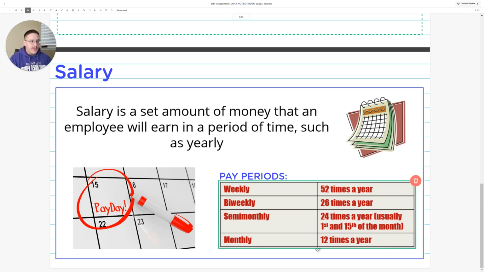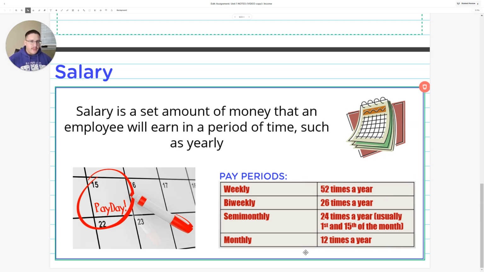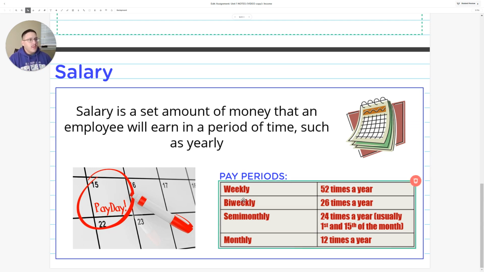For example, monthly, you get a big old lump sum once every month, but now you won't get paid until the next month, and you have to make sure you budget all your money correctly in order for your money to last until your next paycheck. As another example, weekly, you get paid every week, meaning you know you're going to get a new check every week.